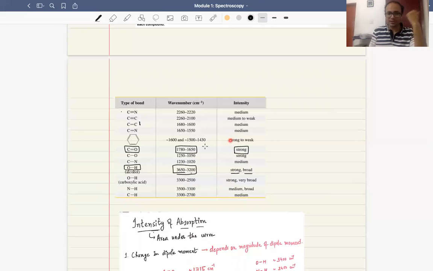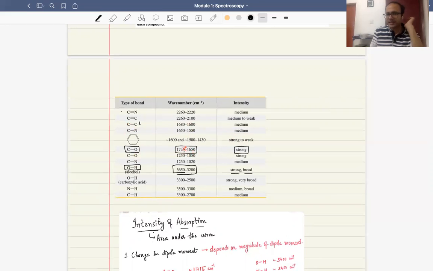For example, let us look into C=O. C=O has a frequency range of around 1780 to 1650. Now, the C=C bond kind of overlaps with this region. It is 1680 to 1600.